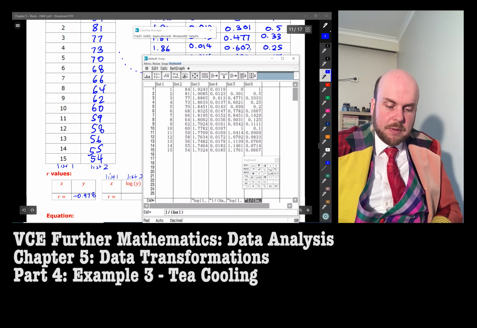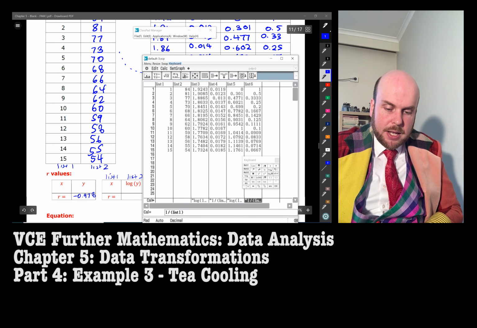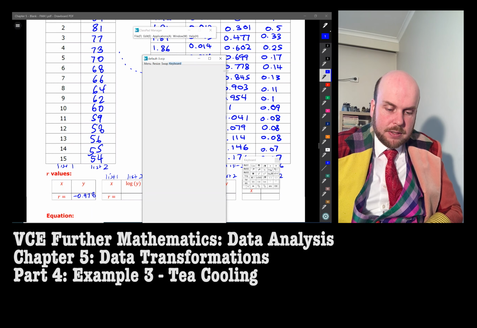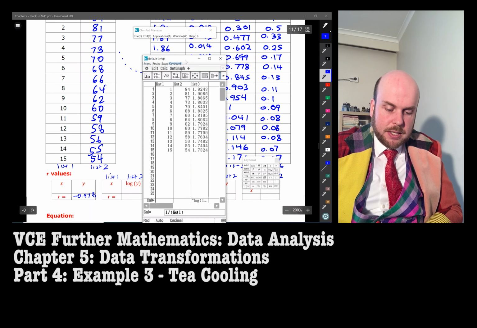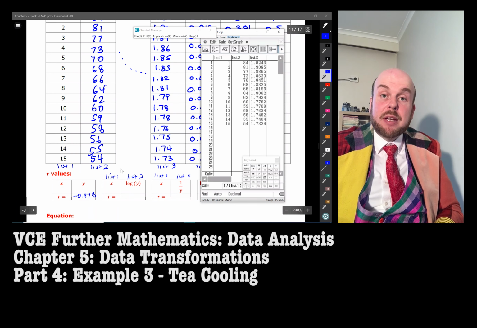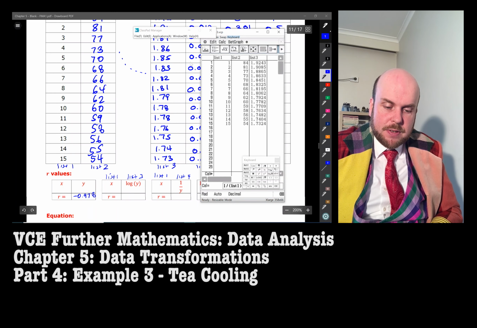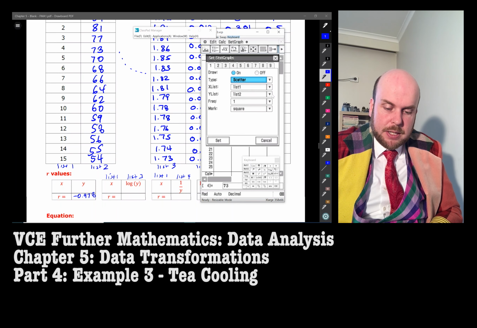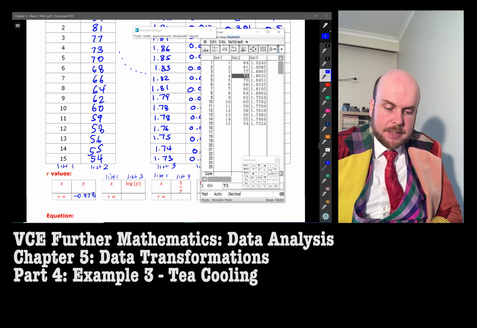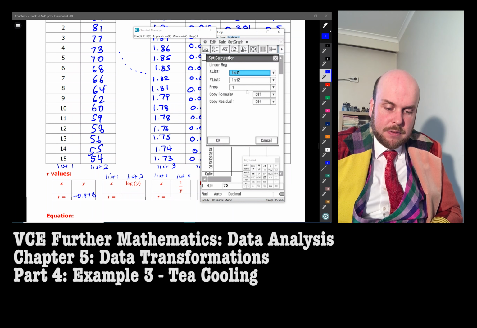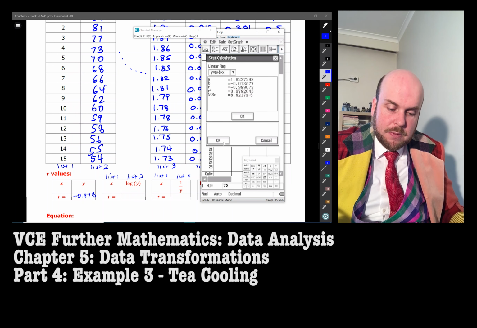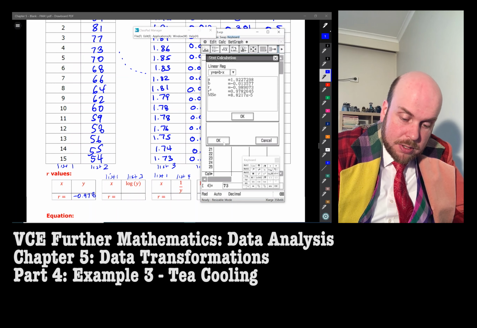Okay, so what I'm going to do now is shrink the window there, and we're going to compare the R values for each of these. So I'm going to go to set graph, list 1, list 3, set, calc, regression, linear reg, list 1, list 3, and we've got, oh, it's not a bad R value.